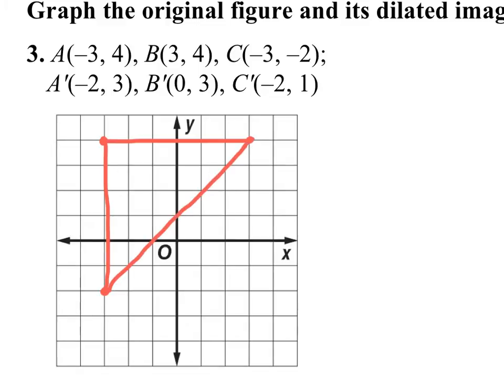Now here's what I've got. I'm going to call this A, B, and C. Then I'm going to plot A prime, B prime, and C prime. So I'm going to do -2, 3.